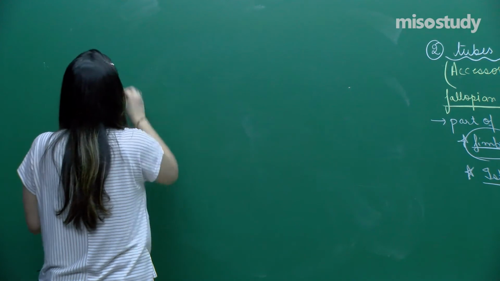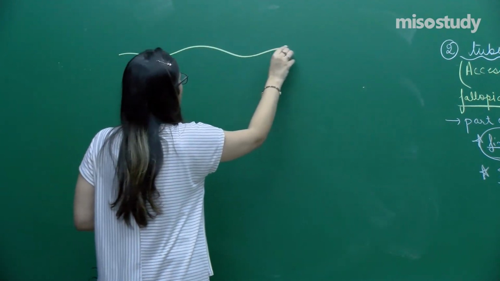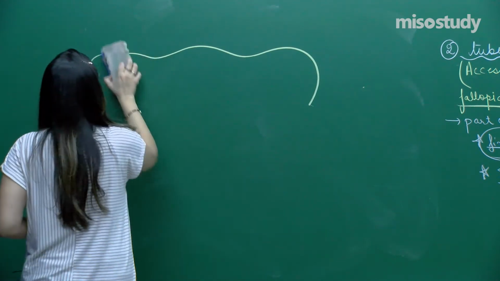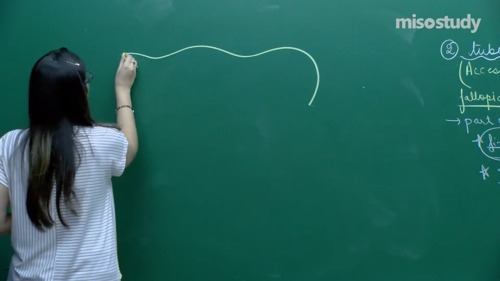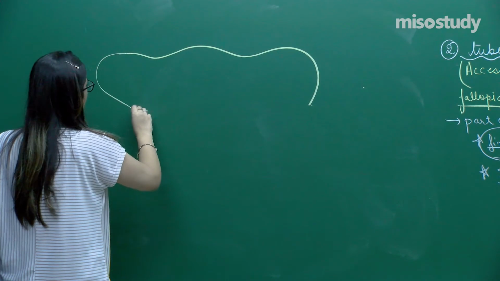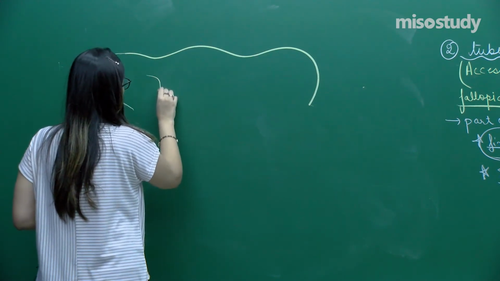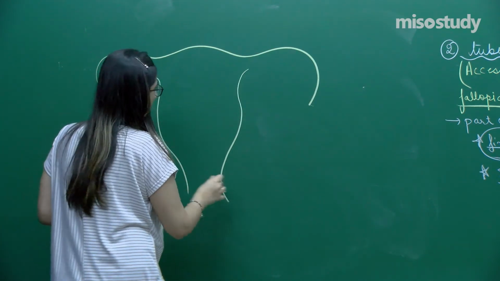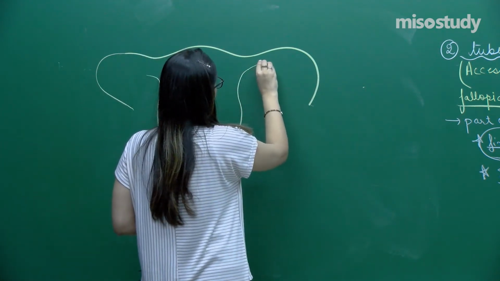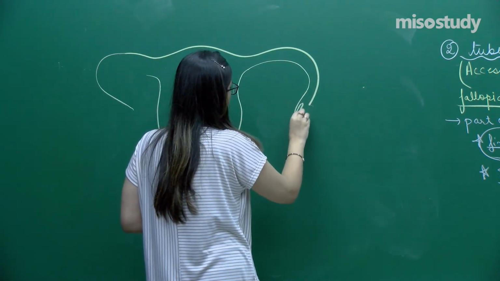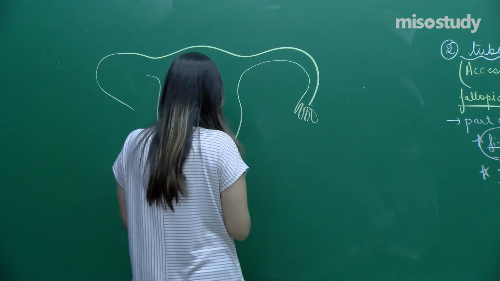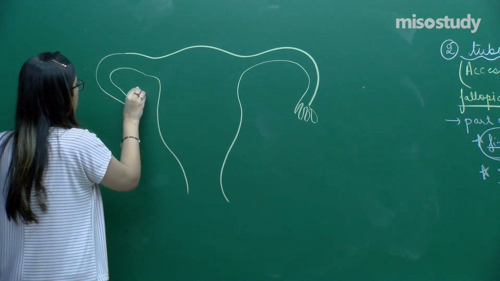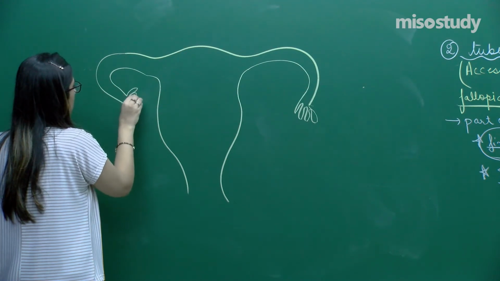Now let's see the whole structure, how it looks like. Similarly on this side also, this which I am drawing right now is called as a fimbriae.